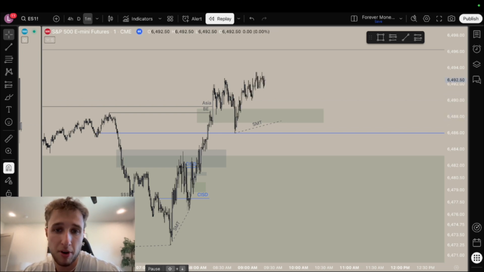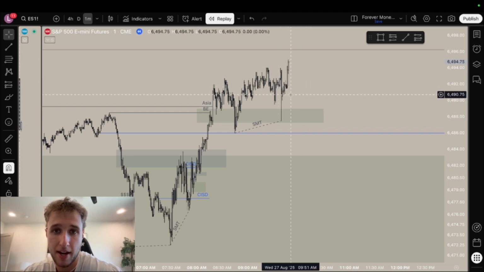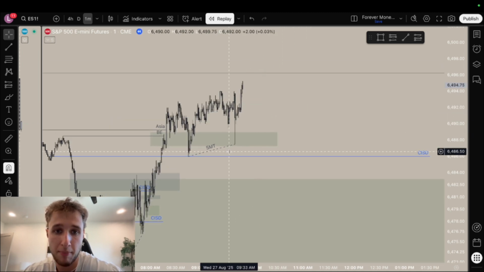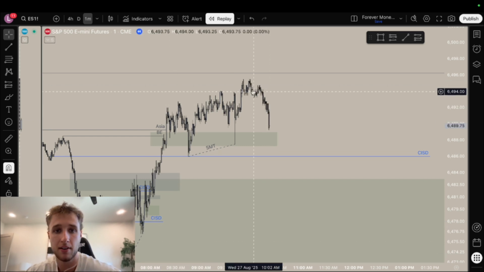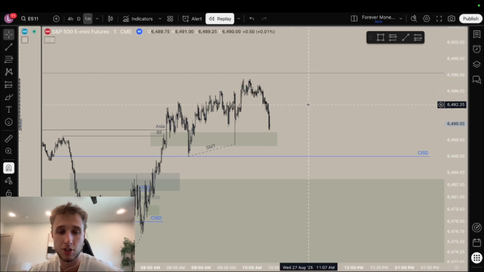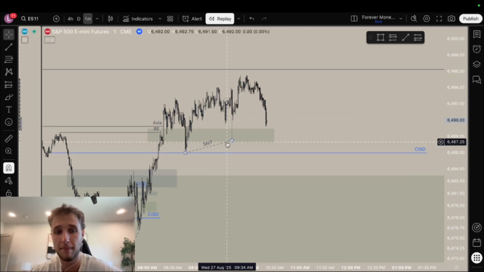And then once we put in another bullish SMT and respected this 15-minute fair value gap right here, and we ran through this 1 minute, I moved my stop to this SMT low, and then I just ended up taking my position off around here, just because it was taking so damn long. But that was my trade today.